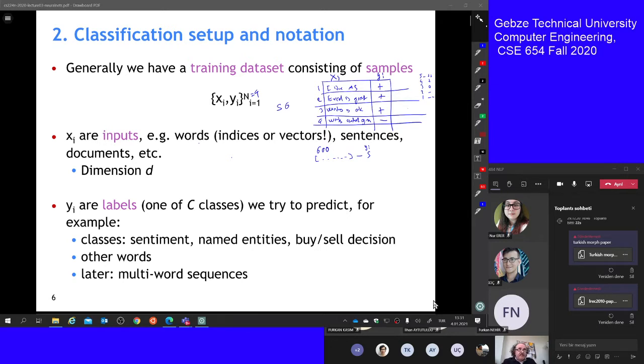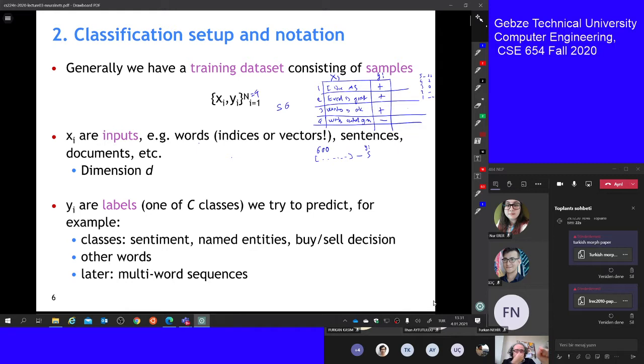Okay. So last week we started talking about neural language modeling, neural networks, and we said that for a general classification setup we need the data, and let's say we have 4 samples, 4 sentences, and each sentence is an input that we would like to classify as positive or negative.